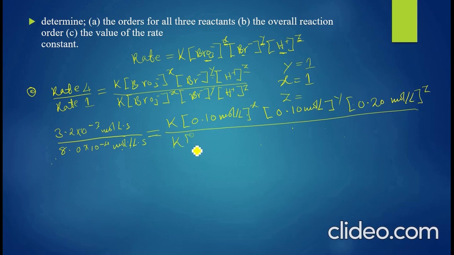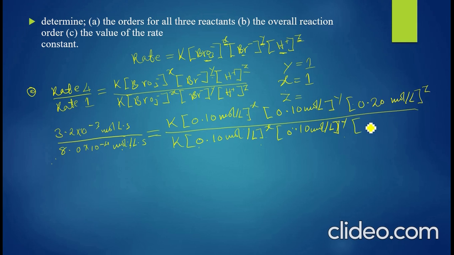So here, the initial concentration for bromate ion on experiment 1 is given to be 0.10 mole per liter, raised to x. And then here is 0.10 mole per liter, raised to y.